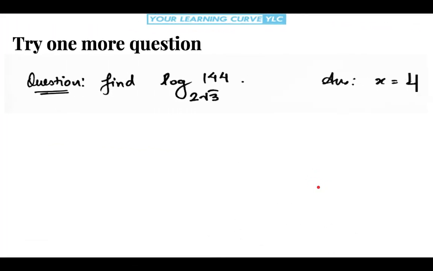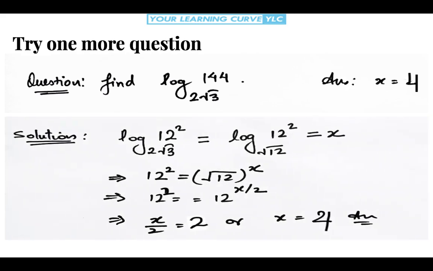Let's solve one more question which is a little bit difficult. You have to find the value of log 144 to the base 2 root 3. Again, I will recommend you pause the video, solve the question, get the answer x is equal to 4, and then check your solution.